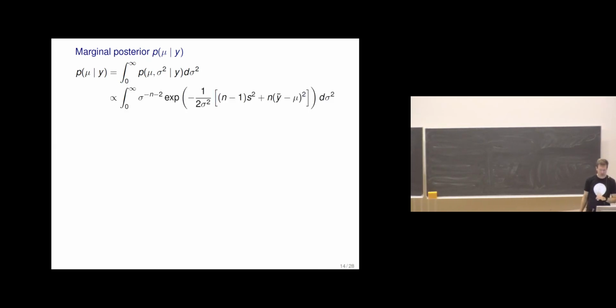So first we have the same joint distribution as we had before, in the form where I use the sufficient statistics. So this is just the joint distribution here.